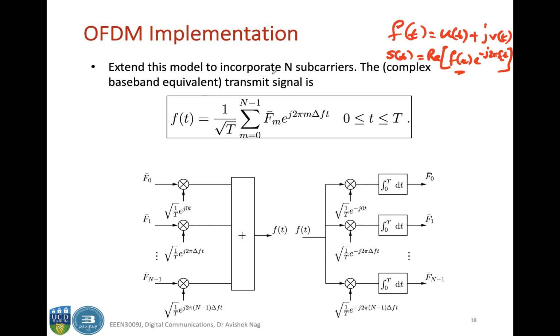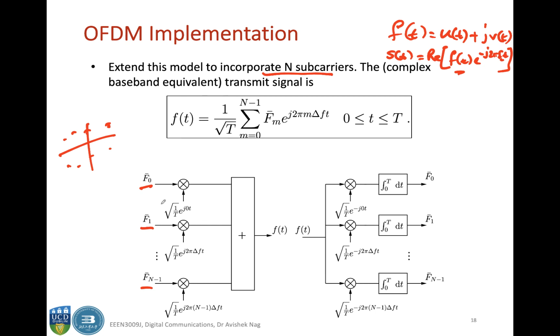If you want to incorporate n subcarriers, you have different complex symbols denoted by capital F0 bar, F1 bar, up to Fn minus 1 bar. These are different complex symbols picked from a constellation like this, so each of F0 bar, F1 bar is one of these.